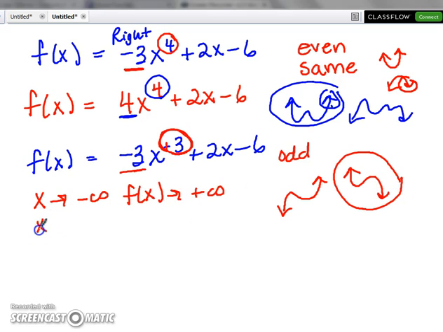But on the right-hand side, as x goes to positive infinity, the function is going to negative infinity. And that's simply because my leading coefficient was negative.